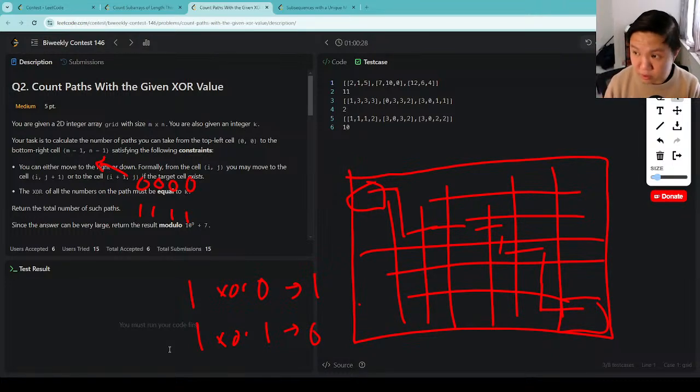So 1 XOR 5 is going to be 4. And then what is 3 XOR 5? It'll be 6. 4, 5, 6.